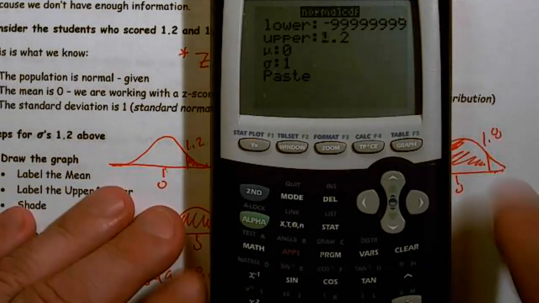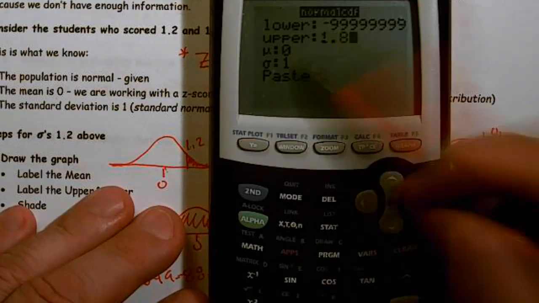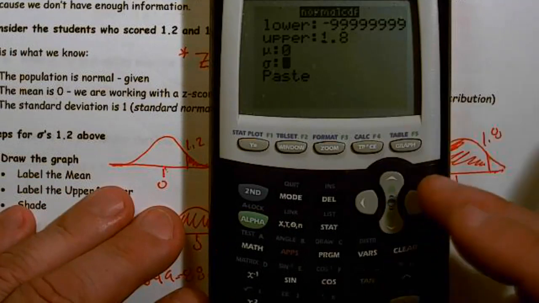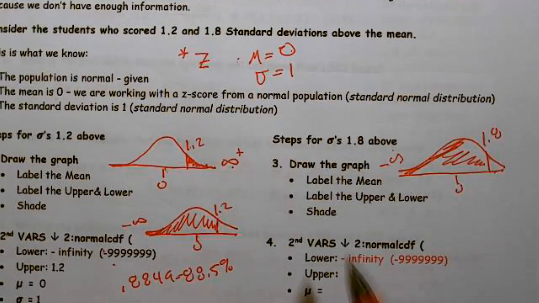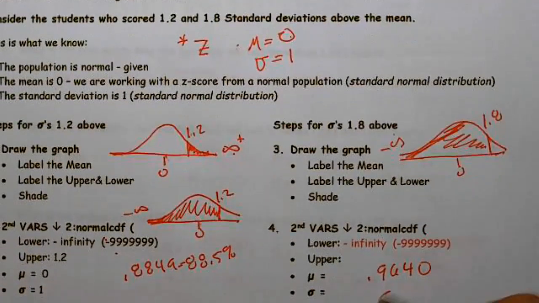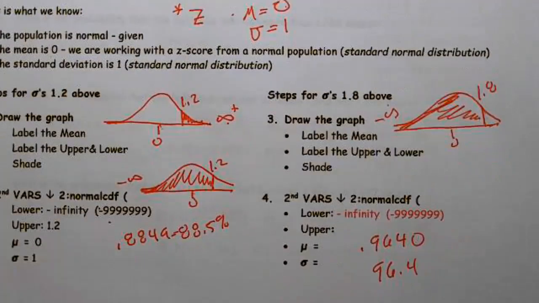My upper bound, well, we stopped shading at 1.8. The mean for the standard normal is 0, because we're working with the z-score, and the standard deviation is 1. And we end up with 0.9640. All right, or about 96.4%. So that means 96.4% of the population is below this individual. All right, 88.5% is below that individual.